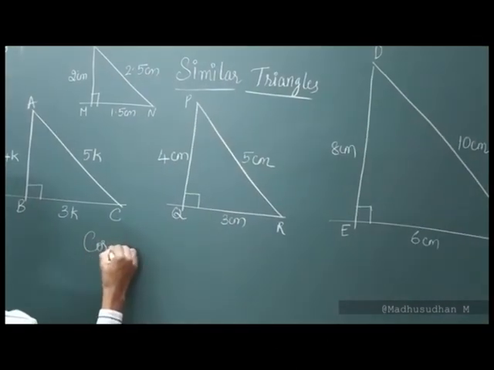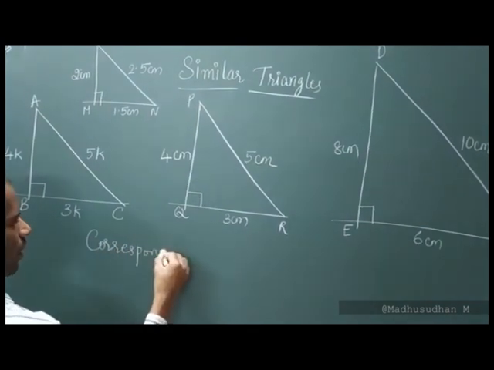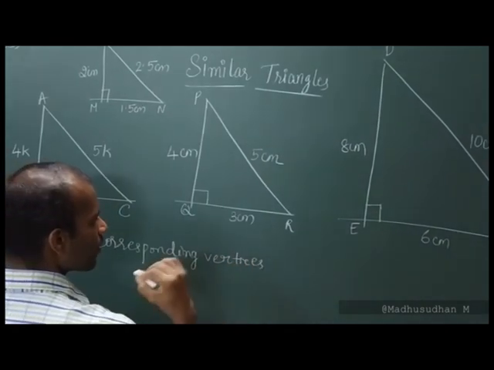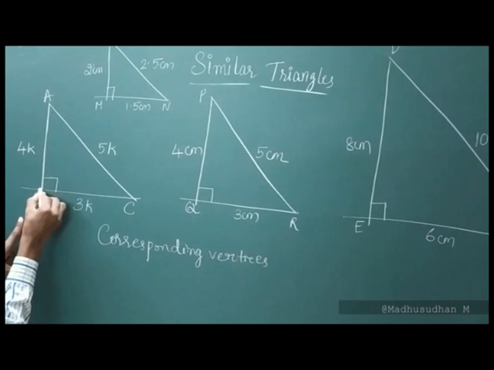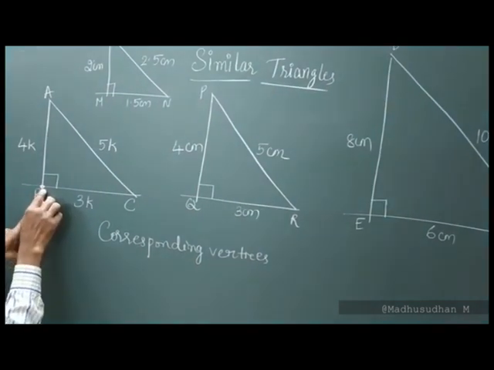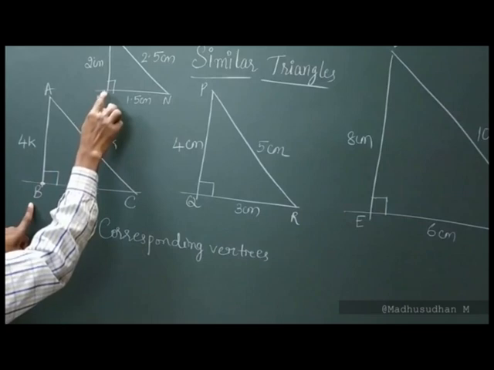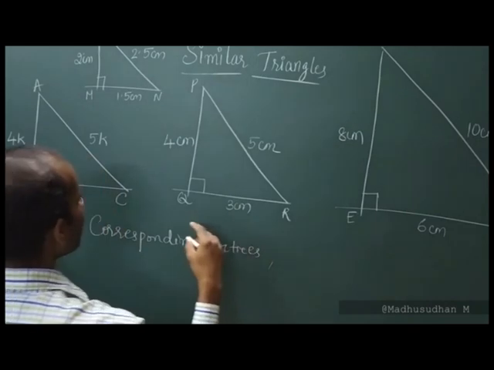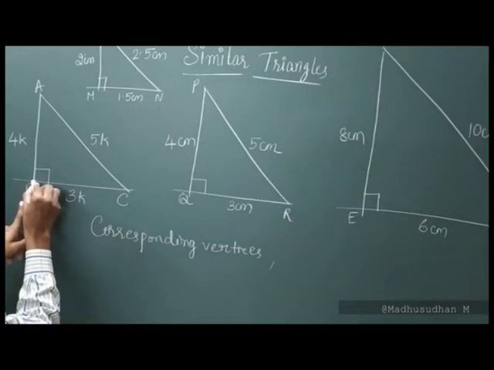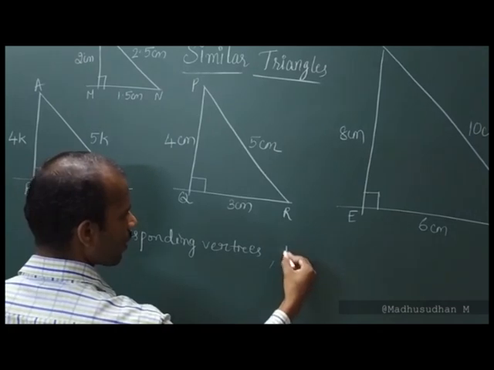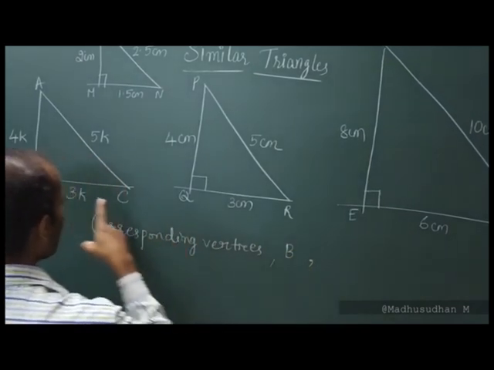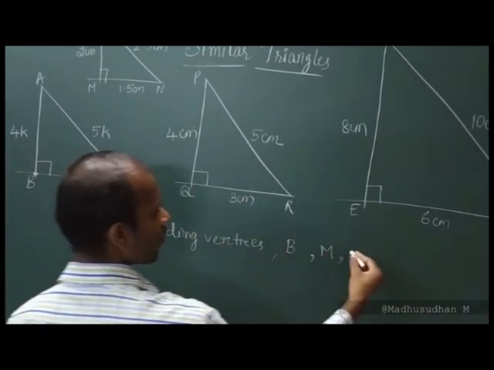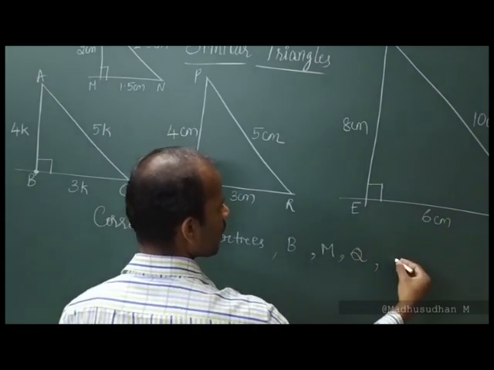The corresponding vertices. In these figures, the corresponding vertices for B are M, Q and E. Let me write B, comma, M here, Q for this diagram and E here.